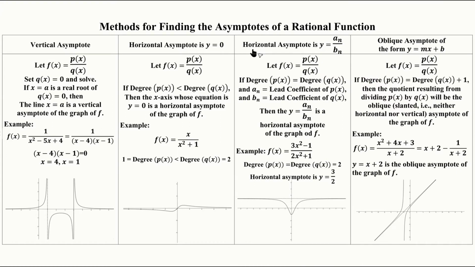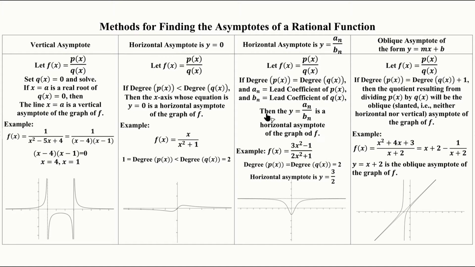All right, next we want to see under what conditions we end up with horizontal asymptotes of the form y equals a_n over b_n, where if the rational function is f of x equals p of x over q of x, a_n is just the lead coefficient of p of x, meaning the coefficient of the highest degree term in p of x, and b_n is the lead coefficient of q of x, the bottom function, which means basically the coefficient of the highest degree term in q of x.